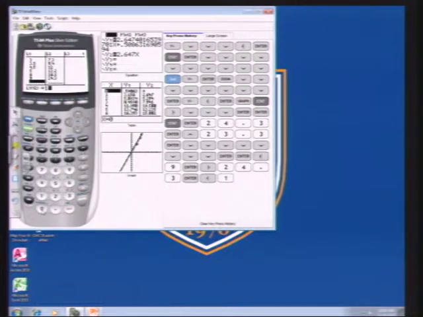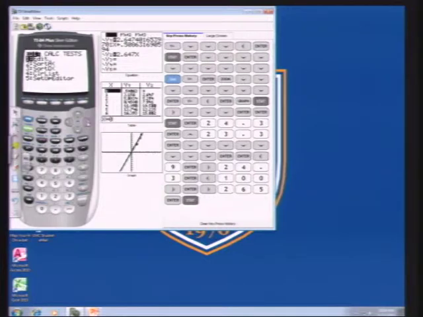So I'm entering 100 for the milliliters for that specimen, and then I'm entering 265 for the mass of that one. Now I'm going to go to statistics, calculate linear regression.